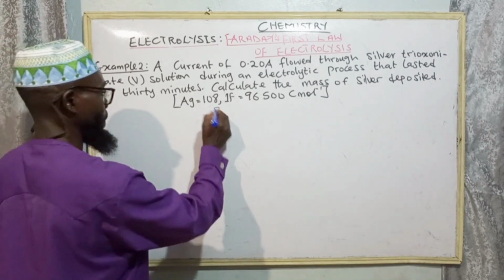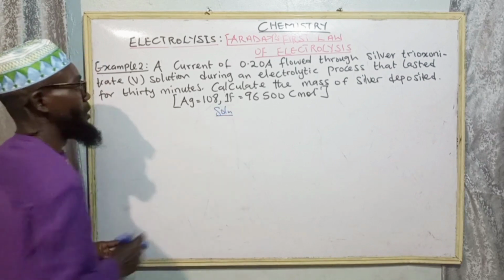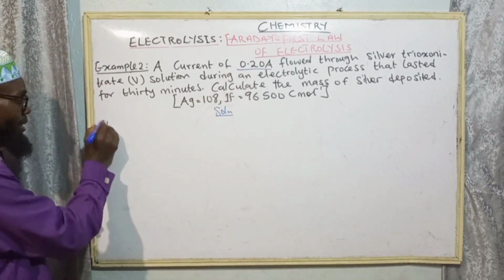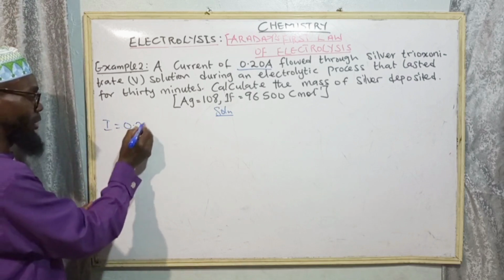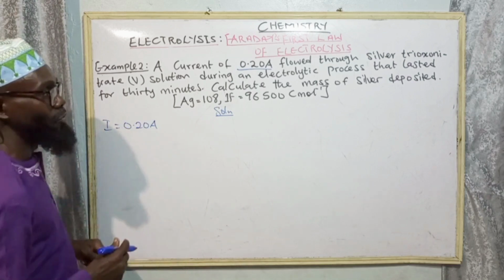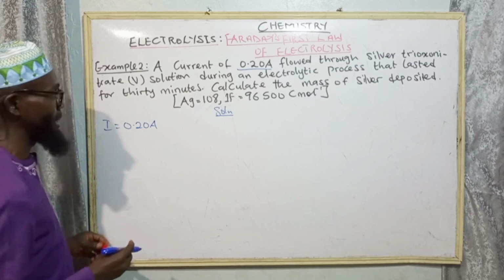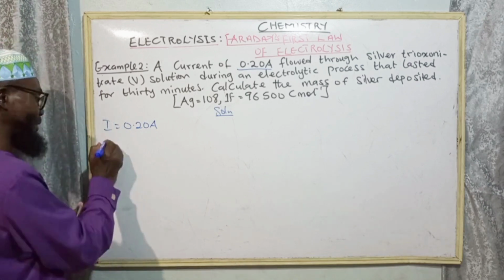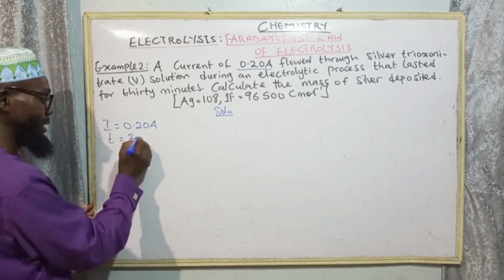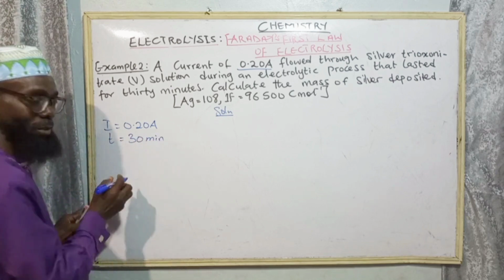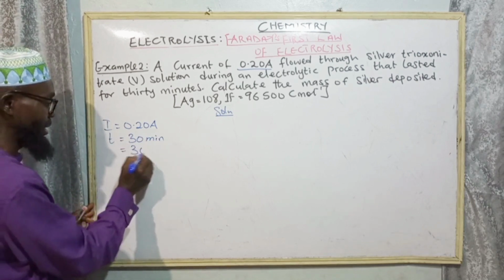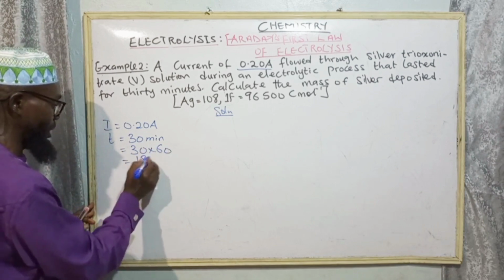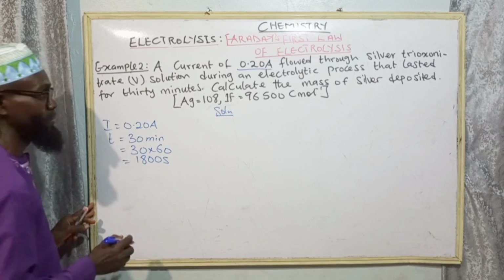Here, we have a current of 0.20 amperes, our I, flowing through silver nitrate solution during an electrolysis process that lasted for 30 minutes. Our time is 30 minutes. We have to change these minutes to seconds. 30 multiplied by 60. That is 1,800 seconds.